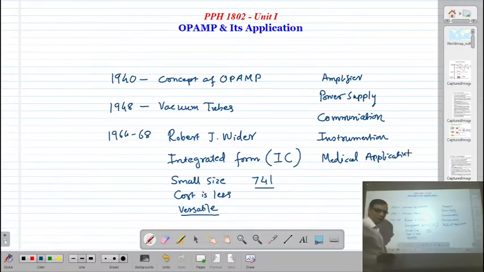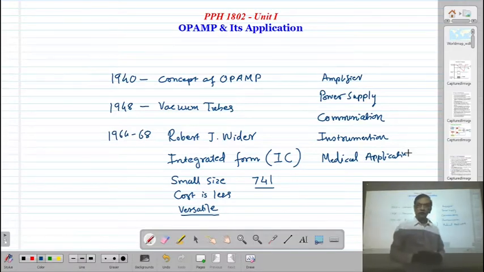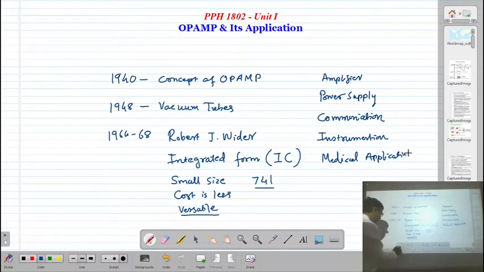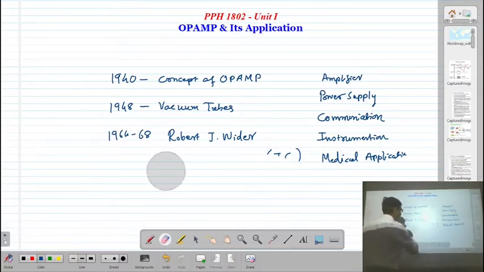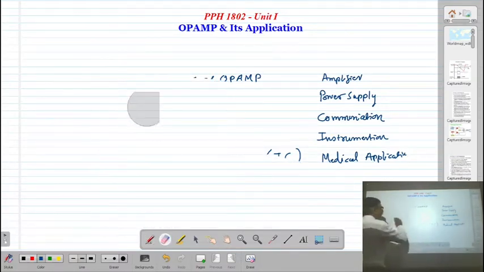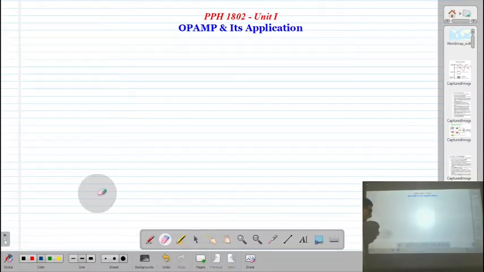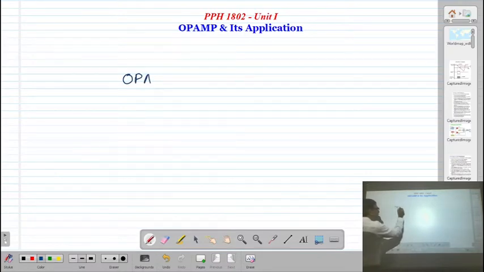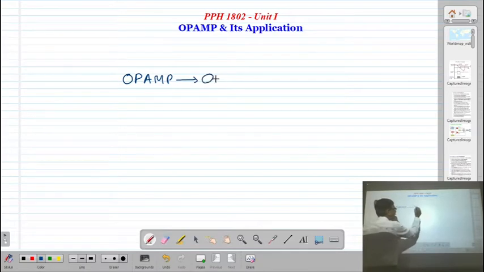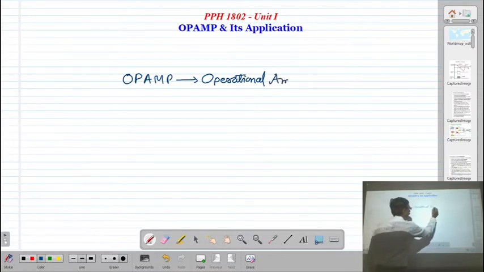So now let us see what the operational amplifier is. Here, this is a kind of amplifier. Op-amp is known as operational amplifier.